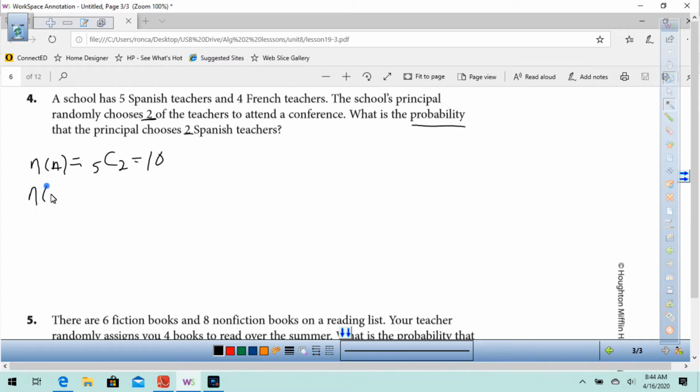Now, what's the sample space? How many different ways can you choose all of them? You have 5 Spanish teachers and 4 French, so that's 9. We got 9 choose, and we're still only wanting 2. So that's going to give us 9 choose 2.